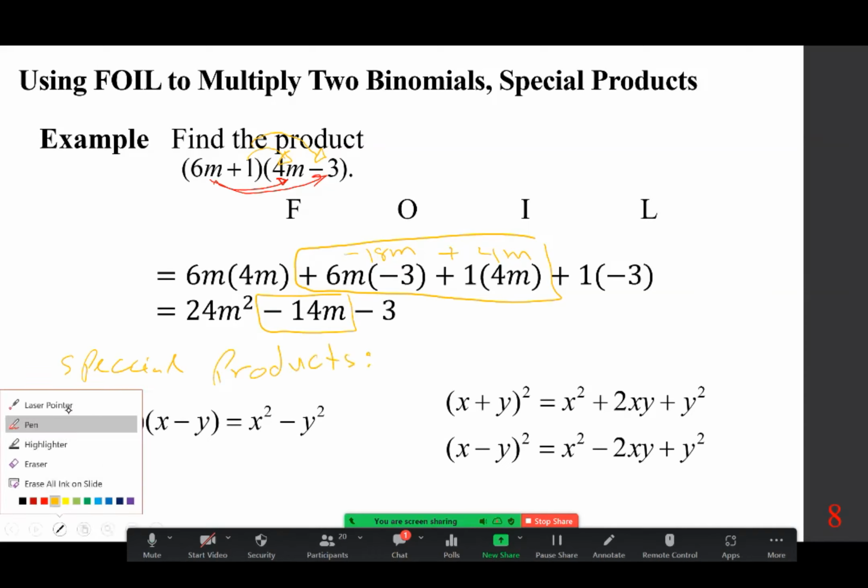We get x squared minus y squared. When we raise x plus y to the power of 2, we get x squared plus 2xy plus y squared. When we raise x minus y to the power of 2, we get x squared minus 2xy plus y squared. These two are called perfect square trinomials.